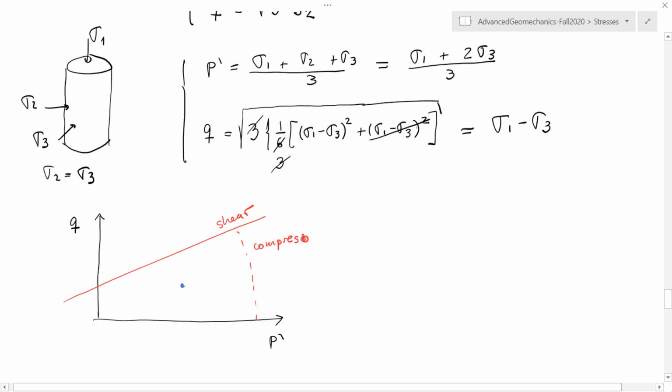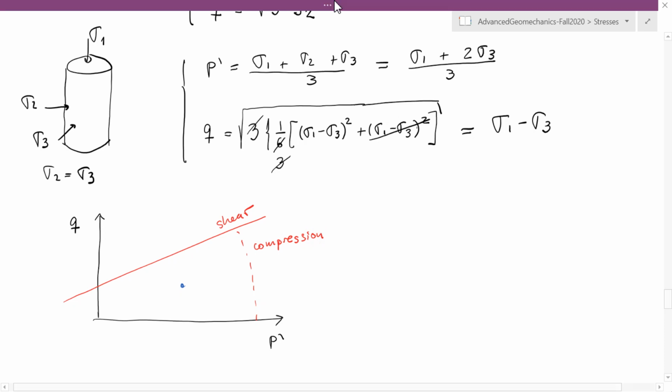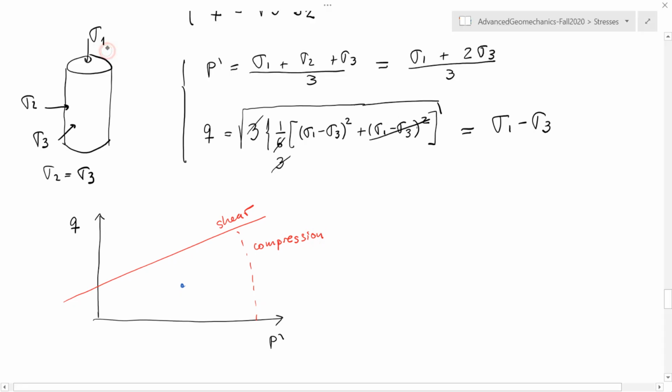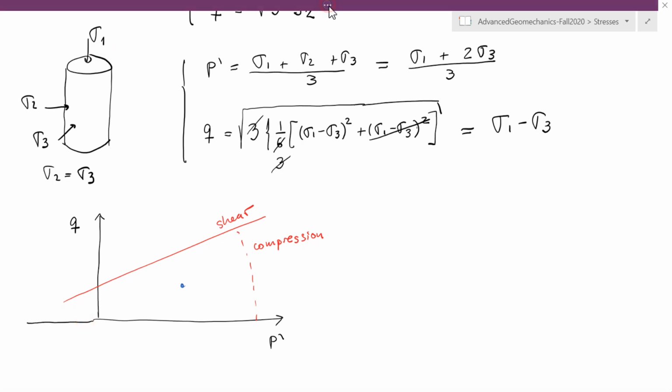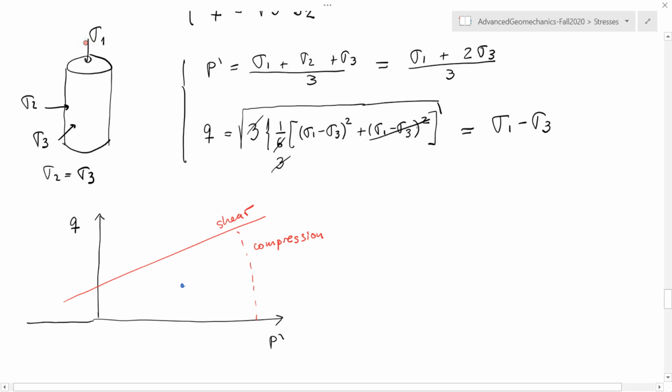Excessive compressive stresses could cause a rock to yield or to achieve a plastic state in compression. And also, if I put too much tension in the rock, particularly in these soft rocks that have a low tensile strength, I might reach the limit for tension.